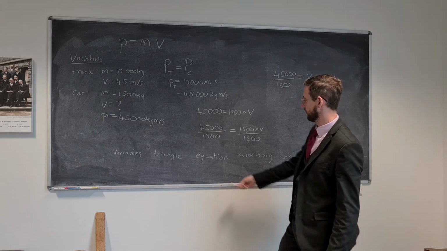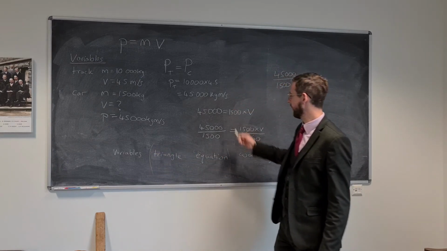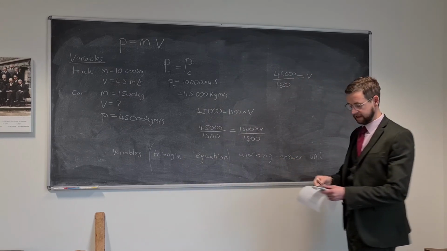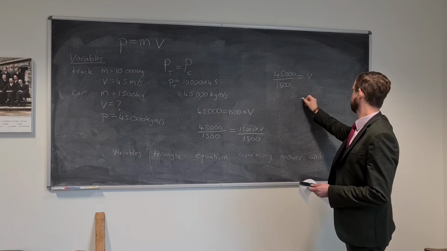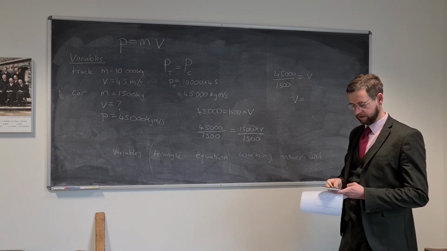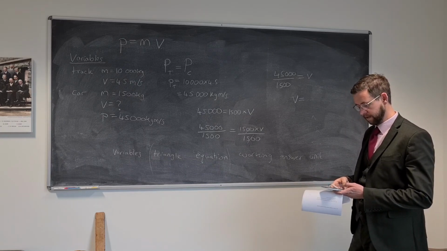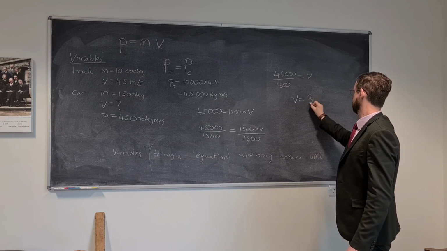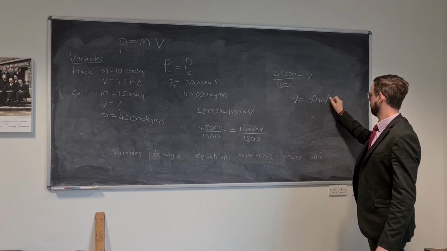So we've processed what would have happened with the triangle and the equation together in this approach, and we've ended up with our working. So V is equal to 45,000 divided by 1,500, and it's equal to 30. So it's 30 meters per second.